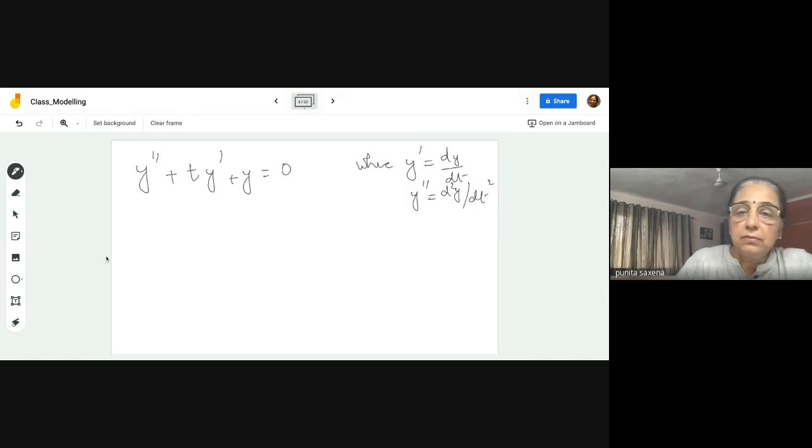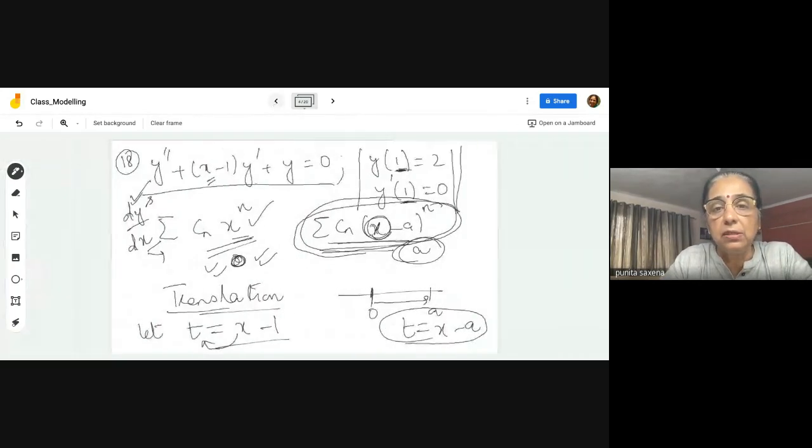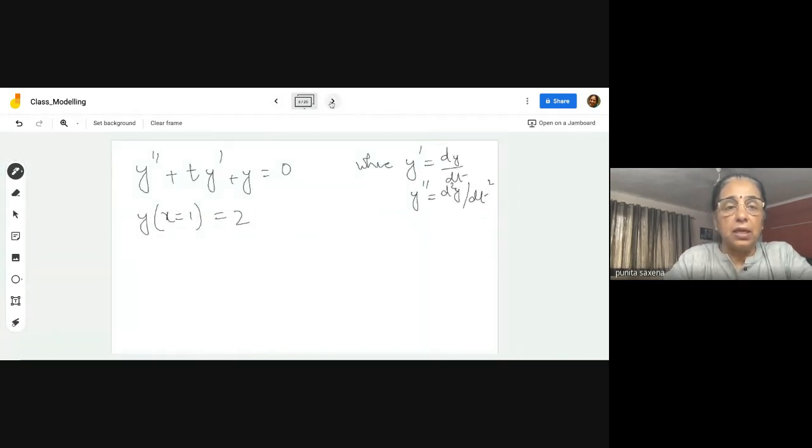Now, what about the initial conditions? We were given the initial condition y when x is 1, and this was given to be 2. Can you just cross check? What was the initial condition? Yes, y at 1 was 2 and y dash at 1 was 0. So y when x is 1 was 2. But how much is your t? x minus 1. So when x is 1, t is 0.